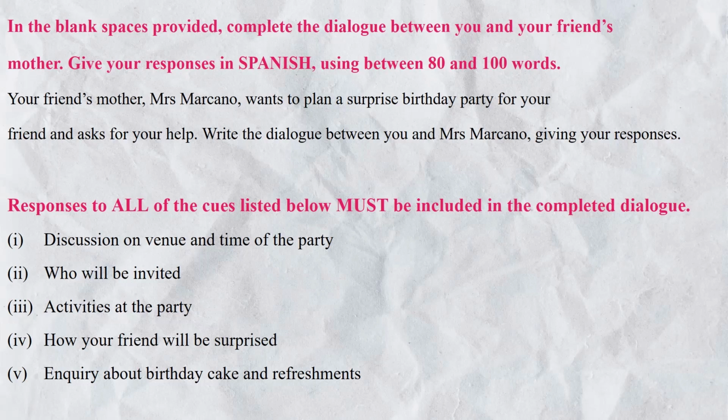Give your responses in Spanish using between 80 and 100 words. Your friend's mother, Mrs. Marcano, wants to plan a surprise birthday party for your friend and asks for your help. Write the dialogue between you and Mrs. Marcano, giving your responses. So here we have the context about what the dialogue is going to be about, right?